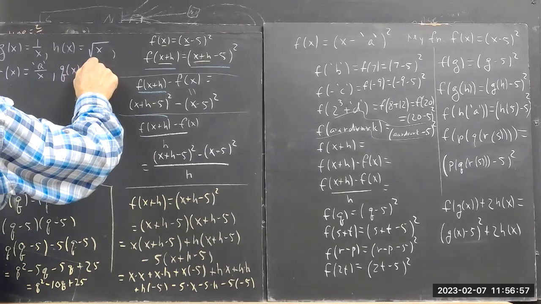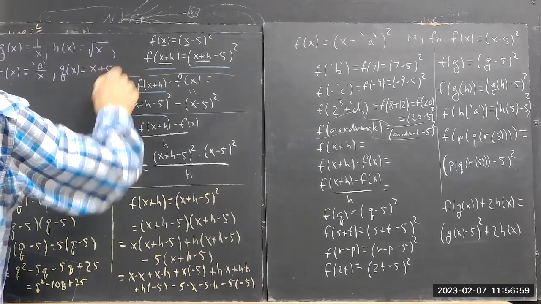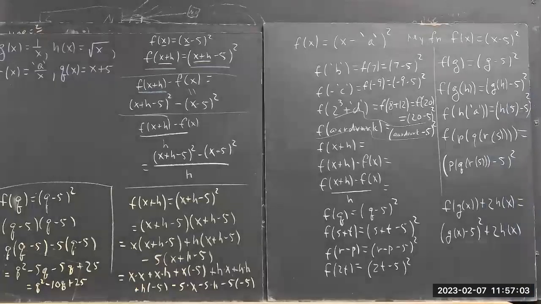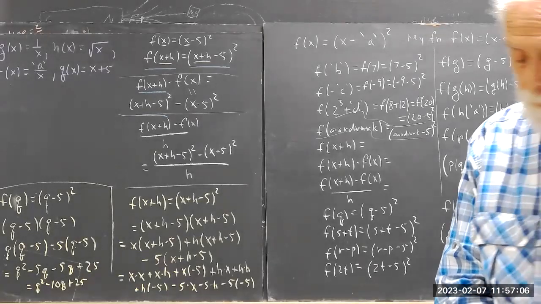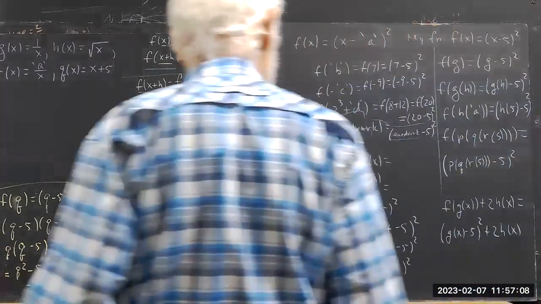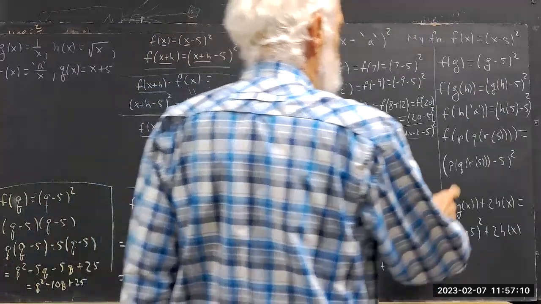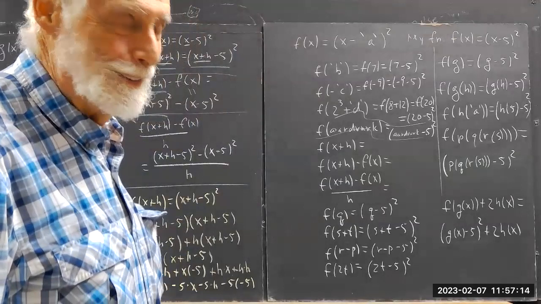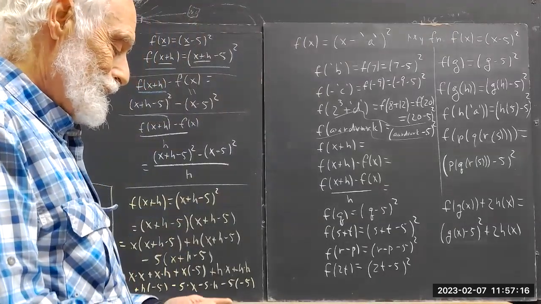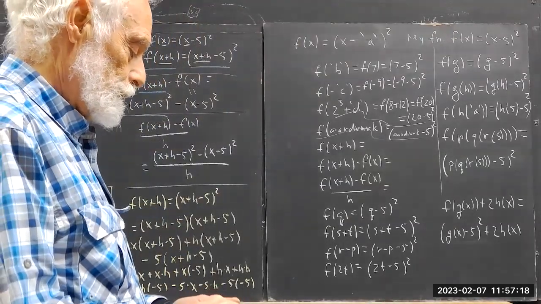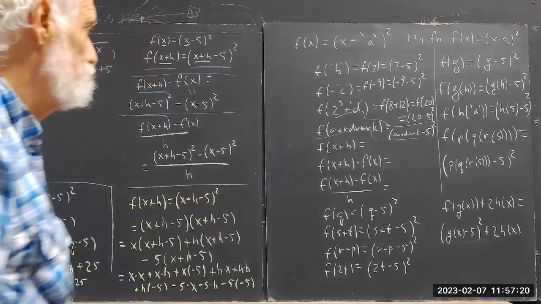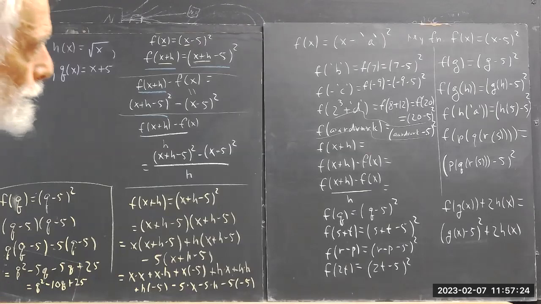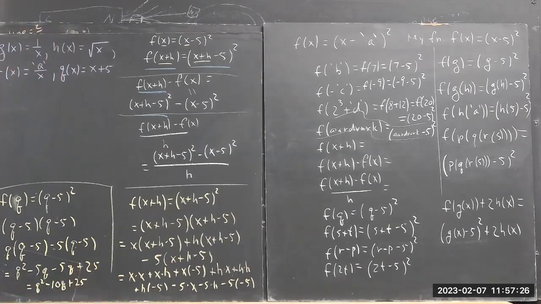And q of x is x plus 5. Now that I know all of that, I could simplify this p of q of r of s. Okay. I'm probably not going to get to that. I'm probably going to leave it to you to think a little bit about it, maybe after you've done the homework on composite functions.